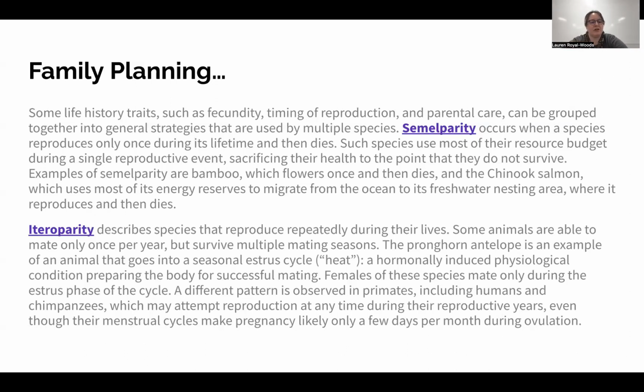Anyway, iteroparity, on the other hand, is a species that can reproduce repeatedly during their lives. Some of them are only able to mate once a year because of cycles and going into heat, not like with dogs and cats. The pronghorn antelope goes into a seasonal estrus, or heat, and that induces them for successful mating.